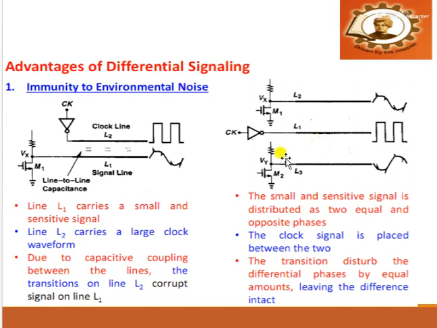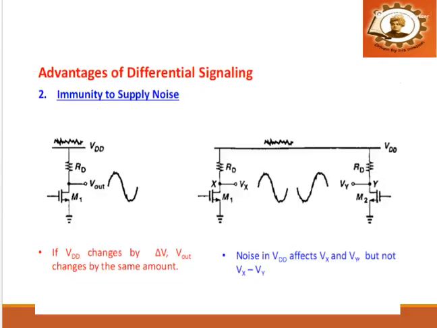Next one is our immunity to power supply. We know that VDD should be a highly stable power supply. This power supply may be generated from a linear regulated supply, or it may be generated from a switching regulated power supply. So there will be some unwanted ripple on that power supply.